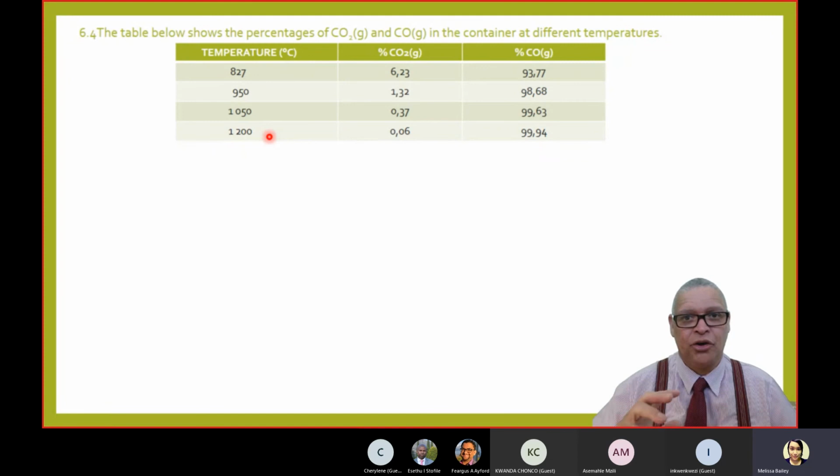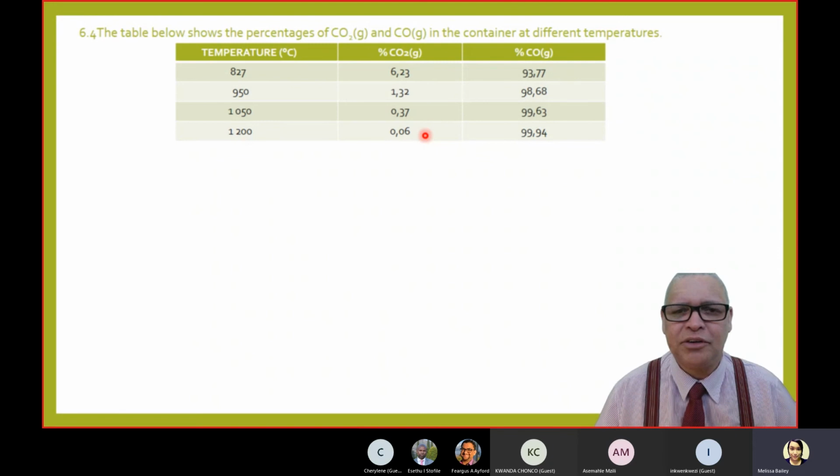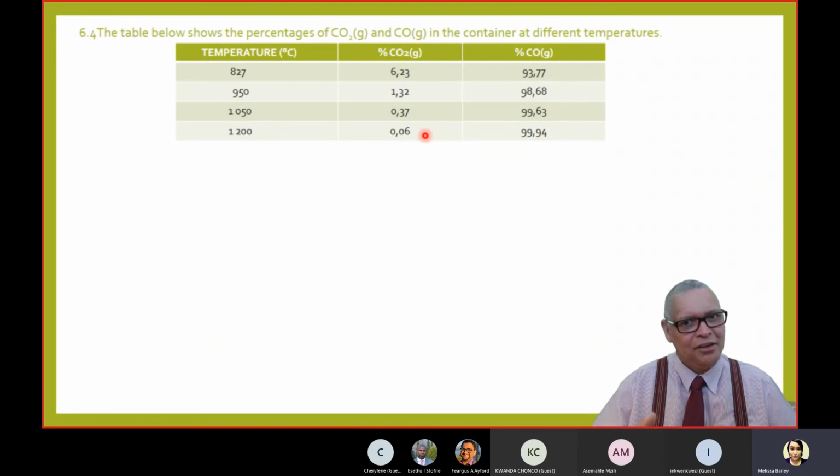So when you see something like that, you must look at the trend. Look at the percentages: the first one is 6.23%, then 1.32%, then 0.37%, then 0.06%. Is that increasing or decreasing? You got it. It's decreasing.